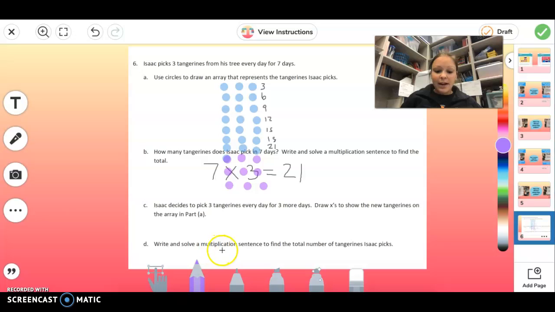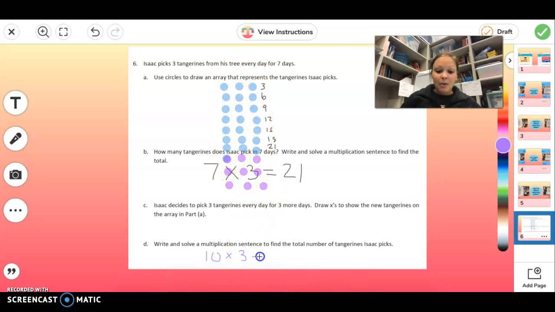And now I need to write a new multiplication sentence. Well, this time I still have 3 columns, but I have more rows. I have 1, 2, 3, 4, 5, 6, 7, 8, 9, 10 rows this time, times my 3 columns, 1, 2, 3.